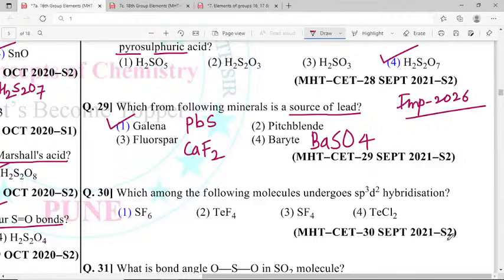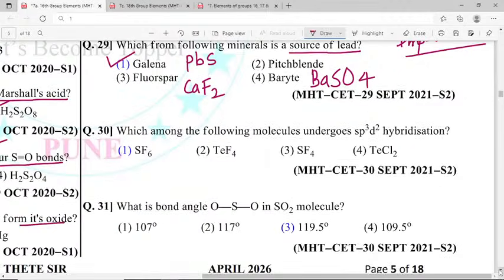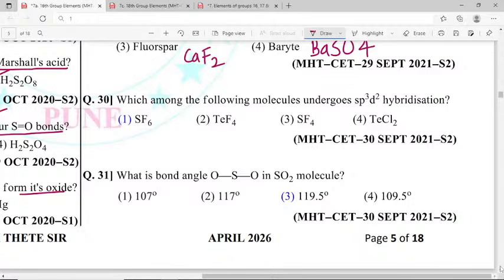Next, which among the following molecules undergoes sp3d2 hybridization? sp3d2 is octahedral. So your answer is SF6. TeF4 is sp3d hybridization. SF4 is again sp3d.